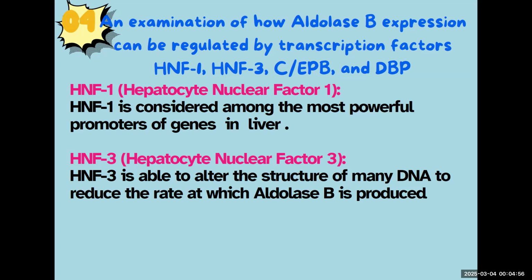Hepatocyte nuclear factor 3 is very important to activate or stimulate aldolase B production, and in the mini DNA to reduce the rate at which aldolase is produced.